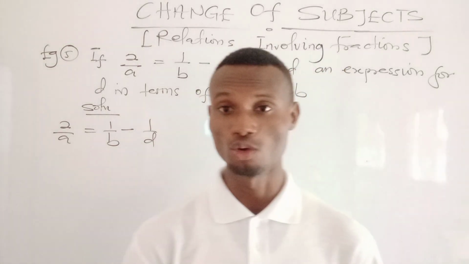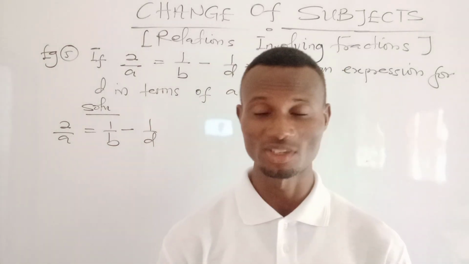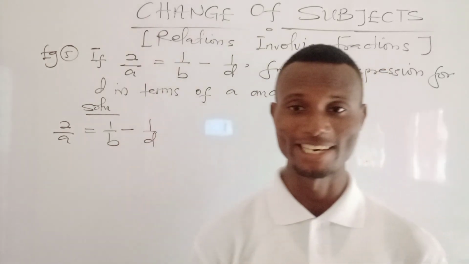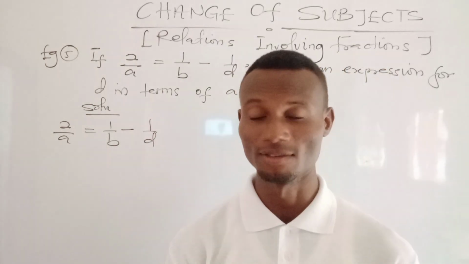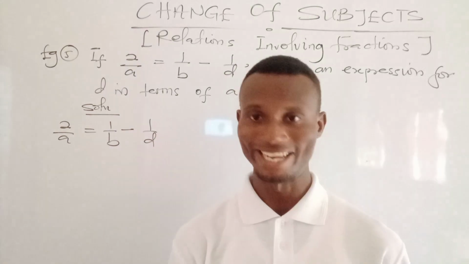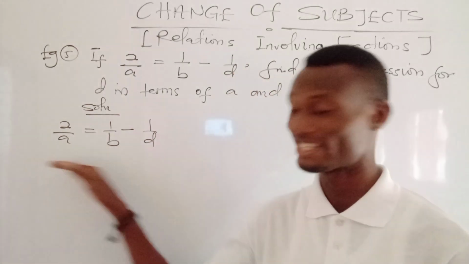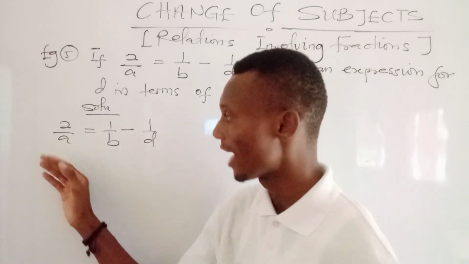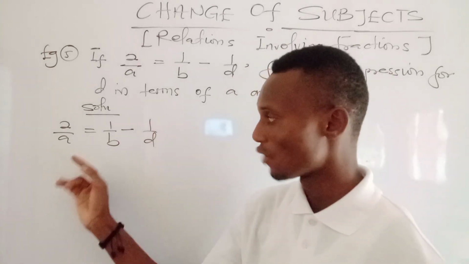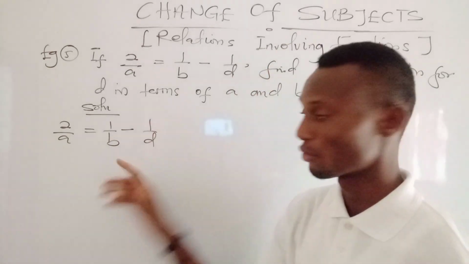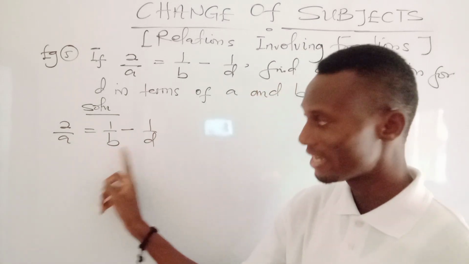I've also explained in the previous videos that anytime you have an equation that contains fractions, you first need to multiply through by the LCM. To get the LCM, you use the denominators of the fractions, which here are a, b and d.